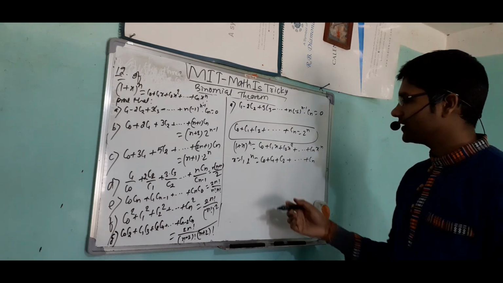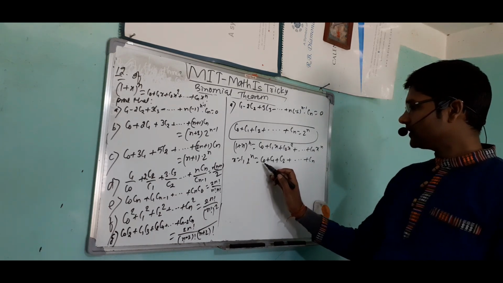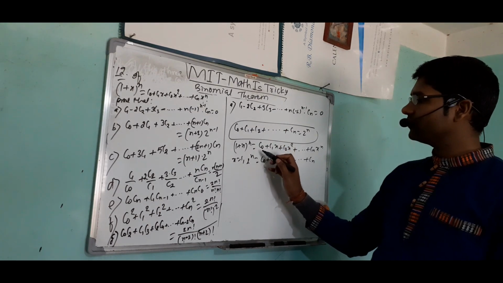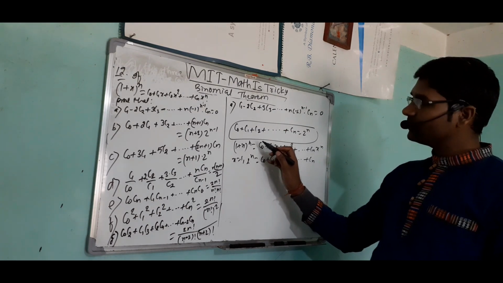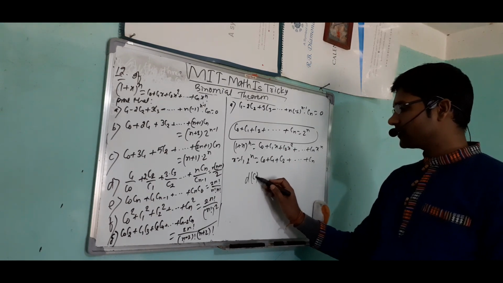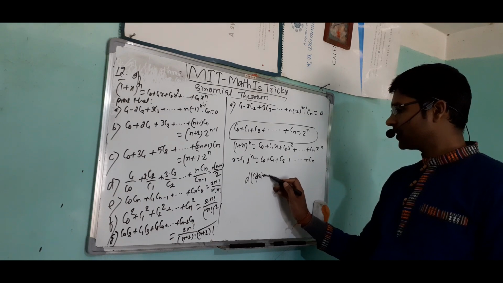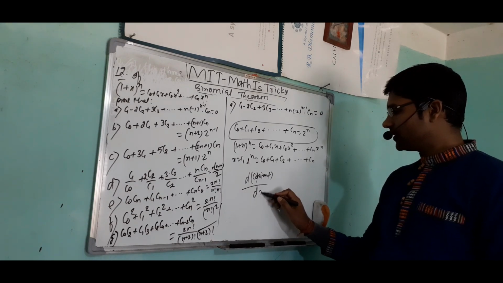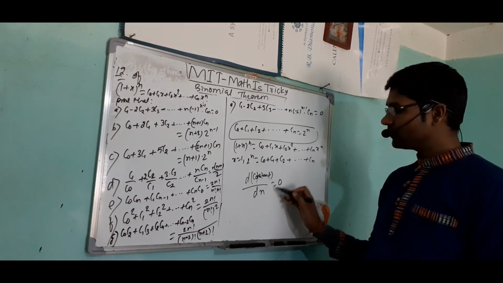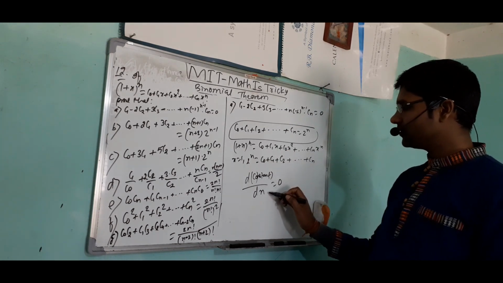For the first part, look here, we are not given c0. So to remove c0, we'll differentiate on both sides, because the derivative of a constant is always 0.